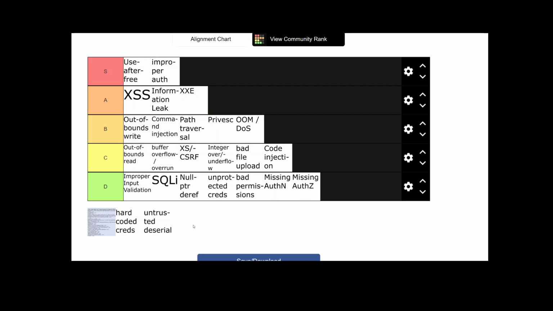Hard-coded credentials, I think that's an interesting vulnerability that needs more attention. I think it is going to become more mitigated outside of that core of Silicon Valley companies that can afford to hire security engineers and think about that problem in general. I think it is an underappreciated problem.